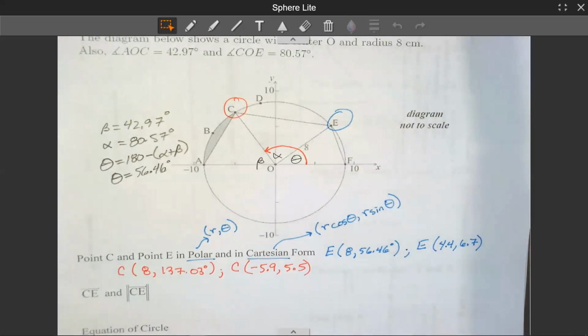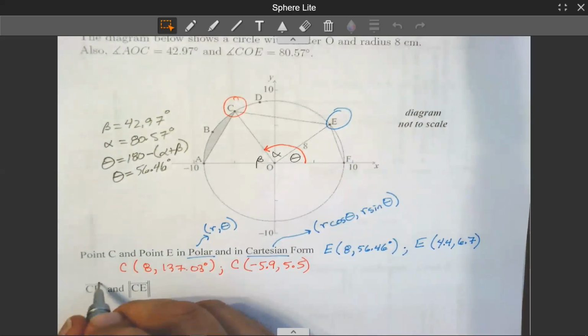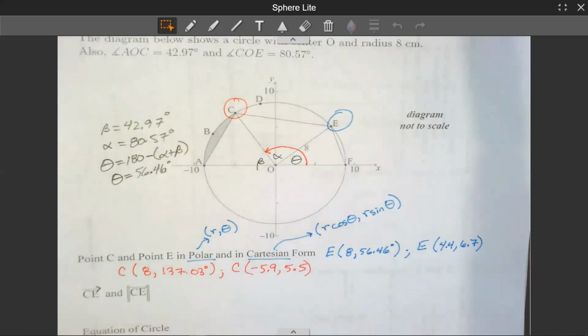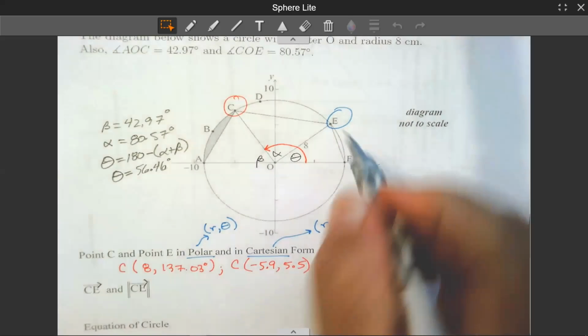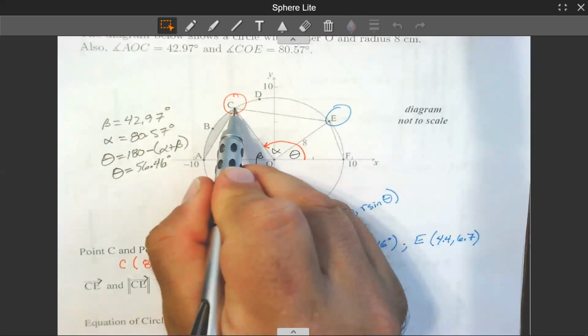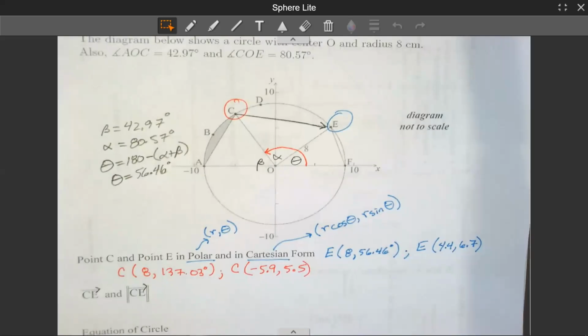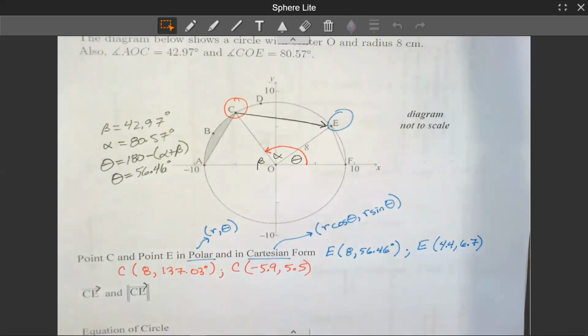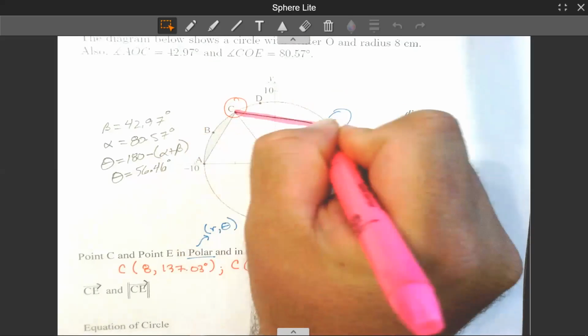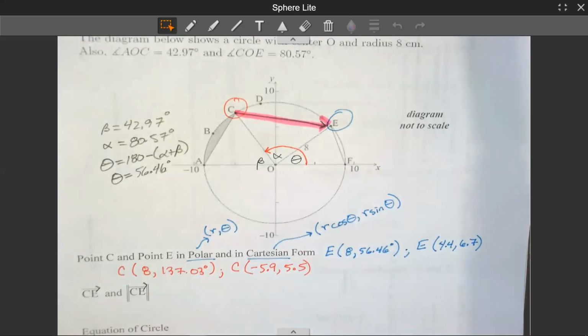Okay. For the next portion, we're looking at C to E and the magnitude of C to E. So if I'm saying, hey, I want to know about that particular vector, let's make this a little more clear. Starting at C, going to E. I want to know about that particular vector.